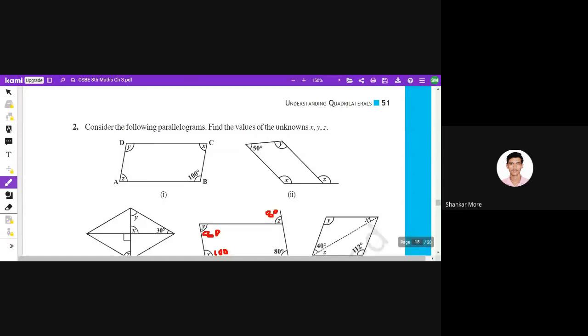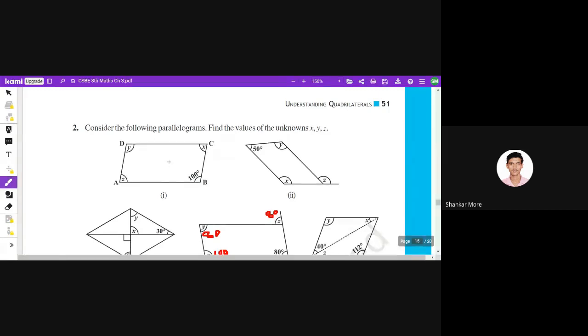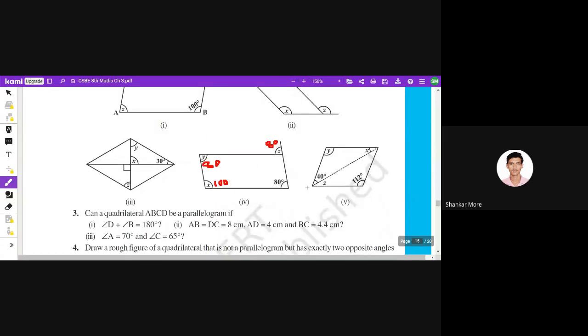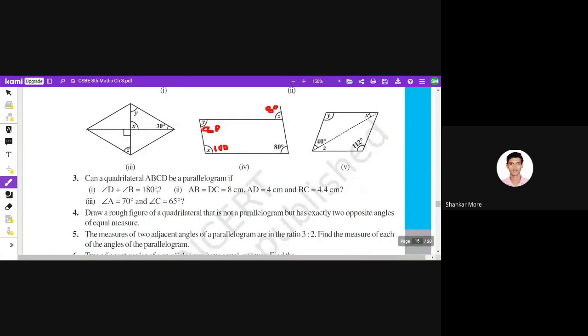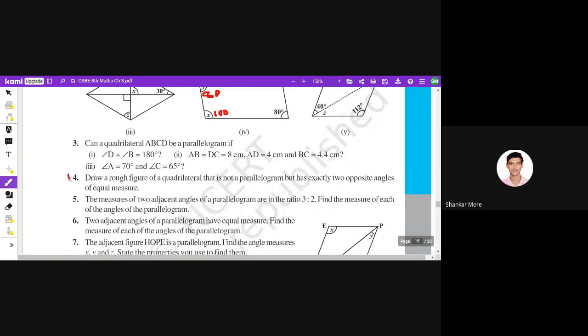Okay. All right. So in the last class, students, we learned about parallelograms and solved a few examples as well, right? Which example are we going to discuss in this class? I think this is the fourth one, right? Do you remember this?